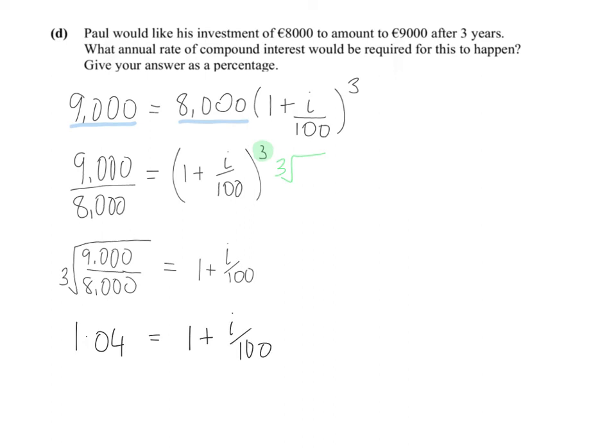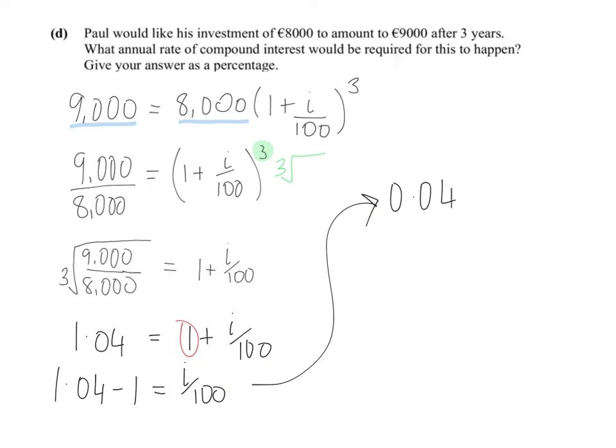Now, I need to isolate this I, so I need to subtract the 1 from the 1.04. So 1.04 take away 1 is going to be equal to I over 100. When I subtract them, I'm going to be left with 0.04. That's going to be equal to I over 100.